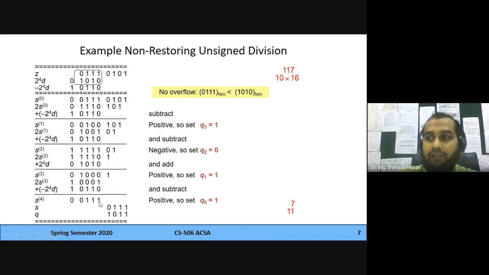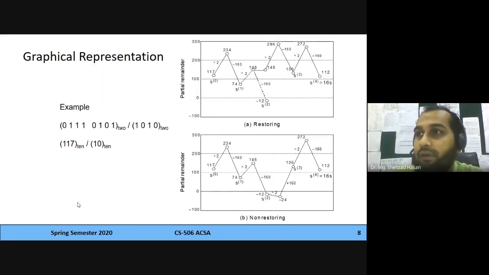So this value is then 112, where you are adding 64 plus 32 plus 16. That's 112. That's the last value that we obtained, and we take that higher part as our remainder bits. So restoring and non-restoring both give us the same result. Non-restoring is a little faster than restoring division.